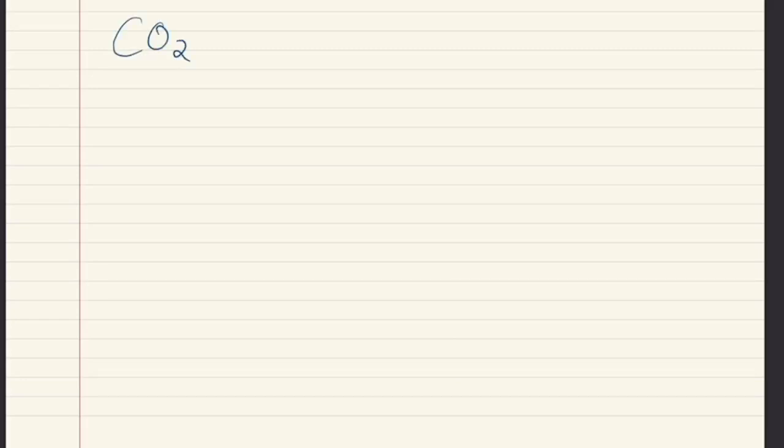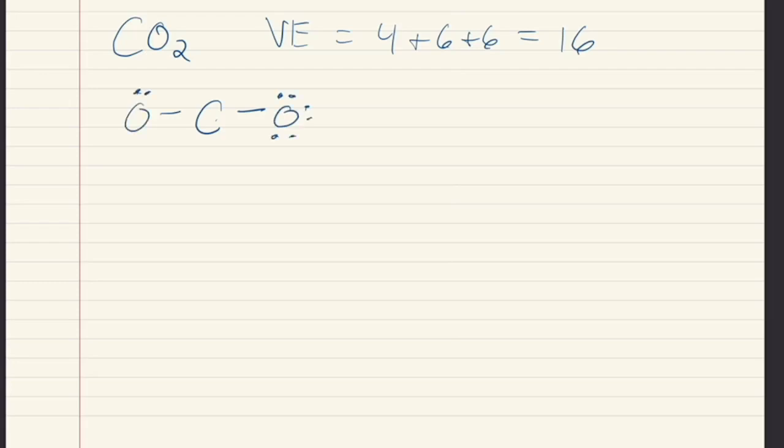So CO2 has valence electrons of 4 plus 6 plus 6 equals 16. Carbon is central, and oxygen's electronegativity builds us this molecule first.